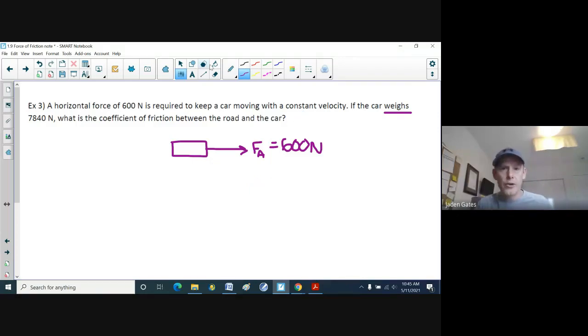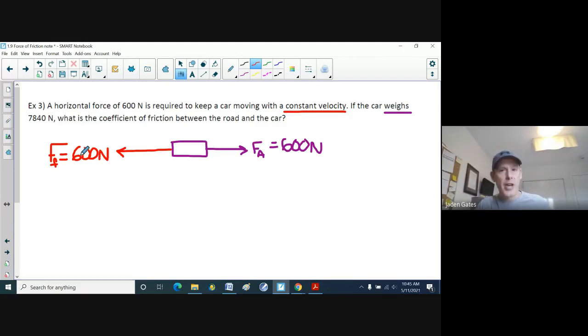Now here's the key, and this came up last day: constant velocity. When you have a constant velocity, it means you're not speeding up, you're not slowing down, and so horizontally our forces have got to be balanced, which is a nice way of saying that our force of friction here is also 600 newtons.